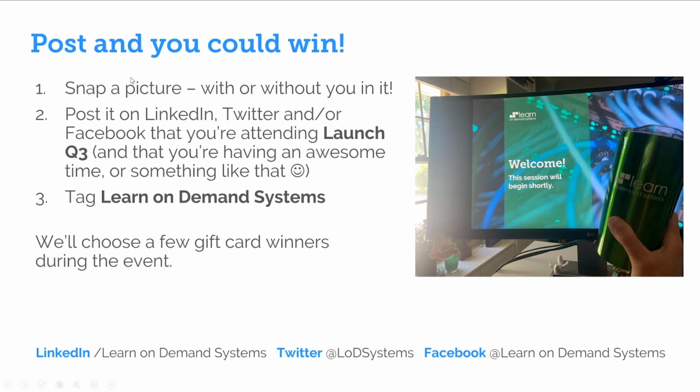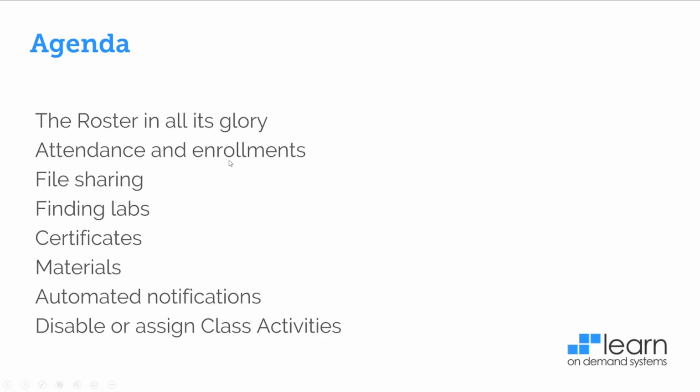So the agenda today, well, I don't know that I'm going over the roster in all its glory first. We're going to be looking at the roster in the class. We're going to be looking at keeping attendance and enrollments, how to share files in a class, how to find labs that are connected to a class.